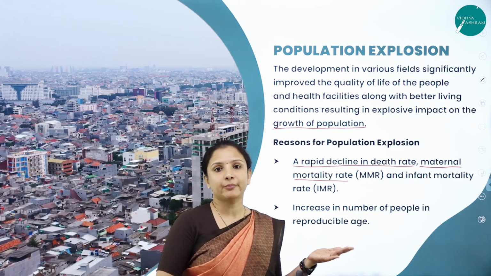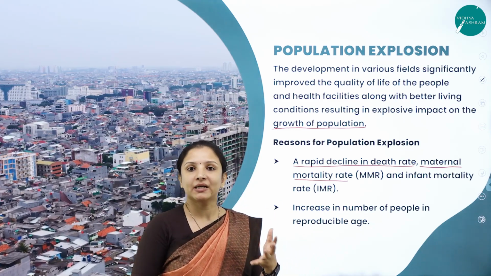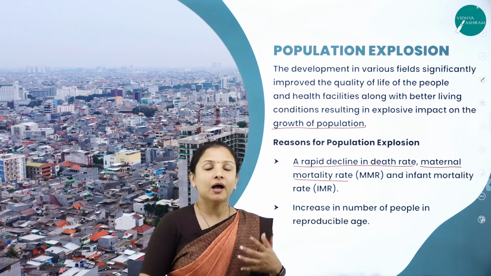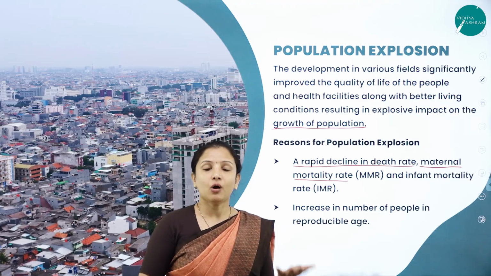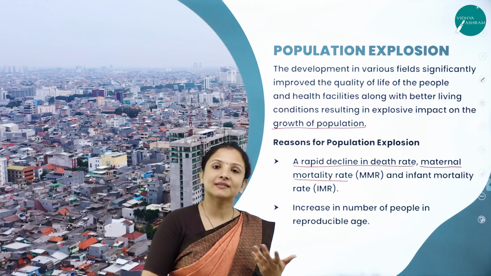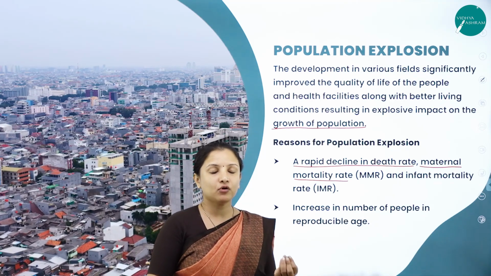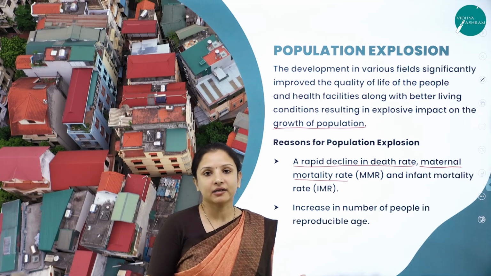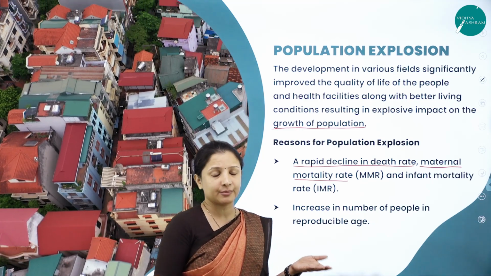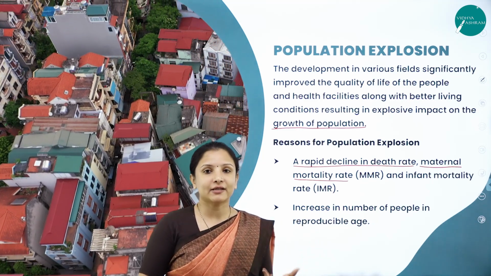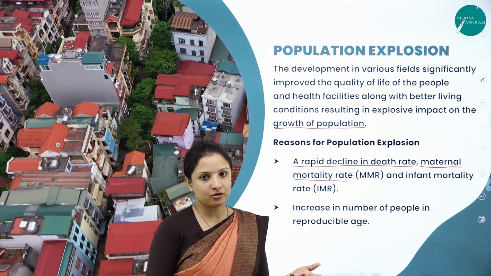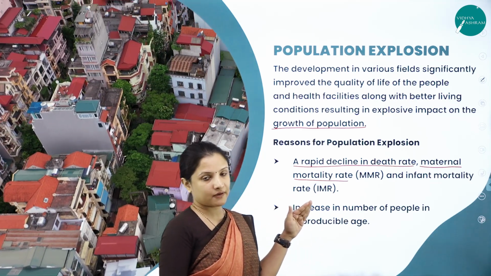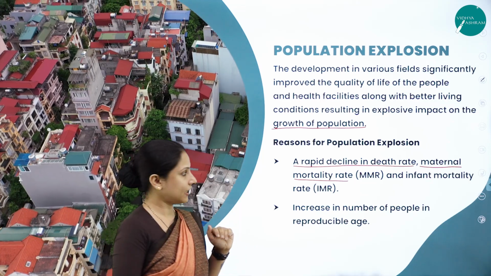Earlier, there were not many medical facilities available, and not many hospitals or maternity centers. So women used to deliver the child at home itself under unhygienic conditions most of the time, which would lead to the death of the mother due to some complication. But all that is prevented nowadays because of advancement in technology.